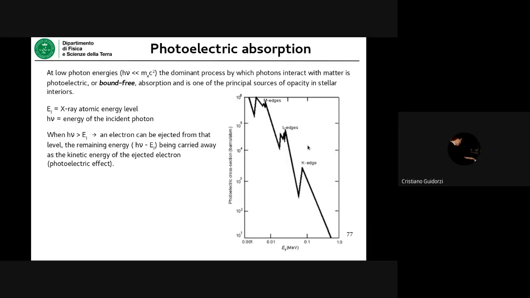So for a given element, the edge with the highest energy, which is the one, as a matter of fact, most relevant in X-rays, is the so-called K edge. So this is due just to the photoelectric effect.